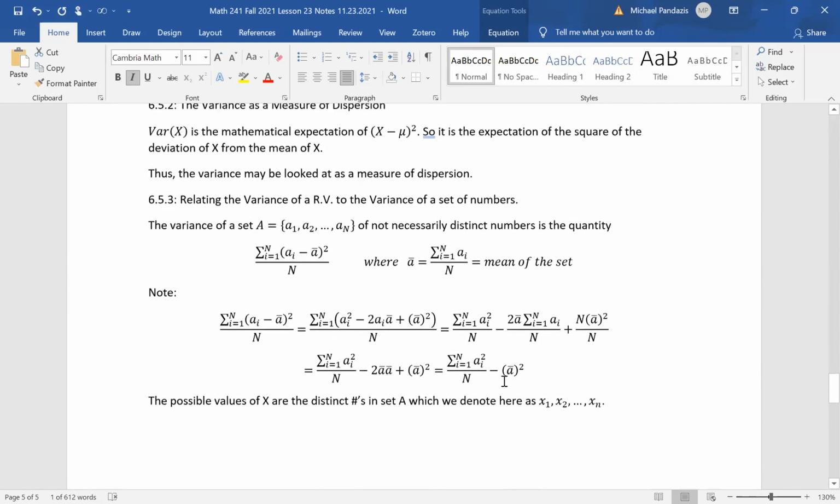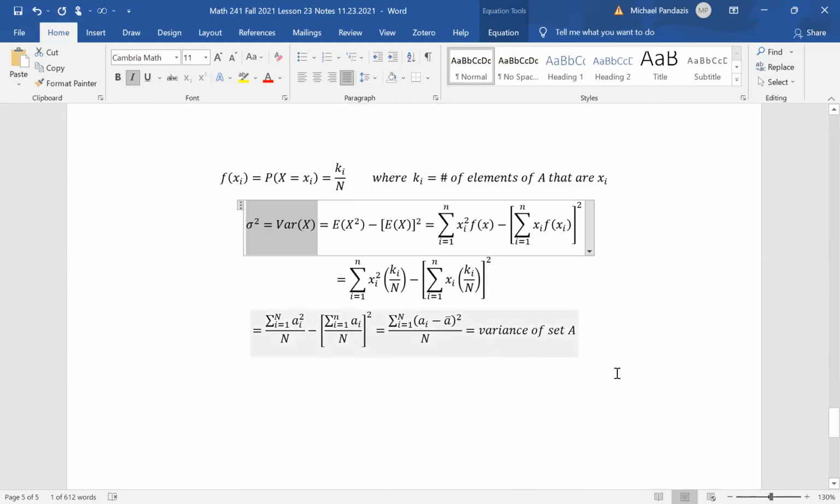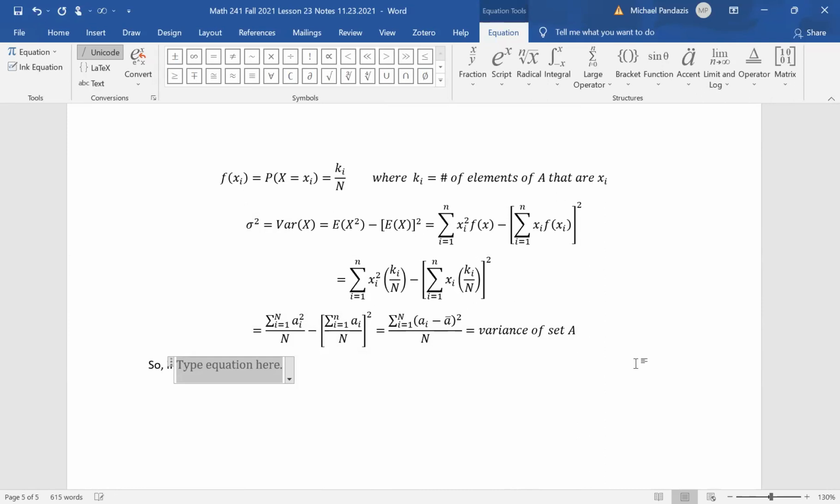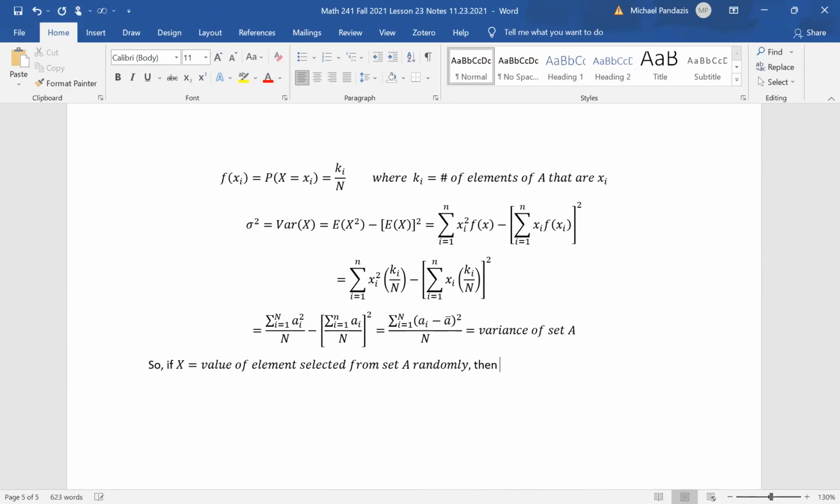So the variance is this sum divided by capital N. So if capital X is the value of the element selected from set capital A randomly, then the variance of capital X equals the variance of the set capital A of numbers.